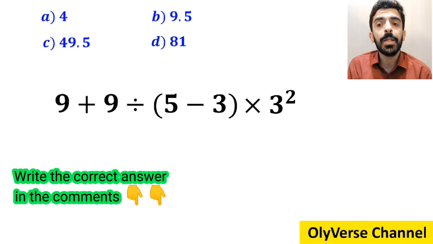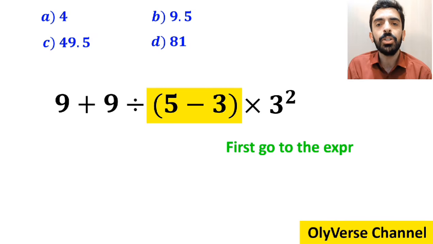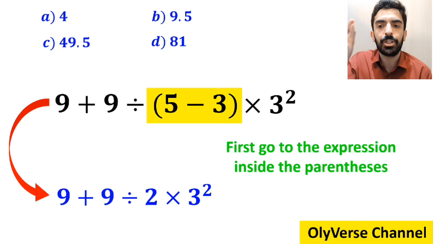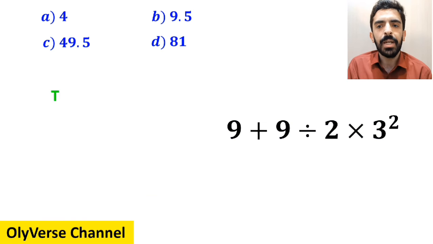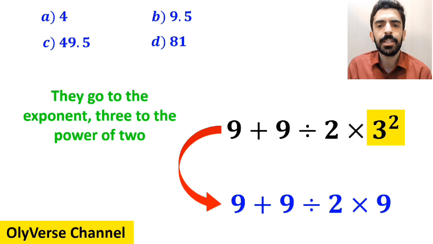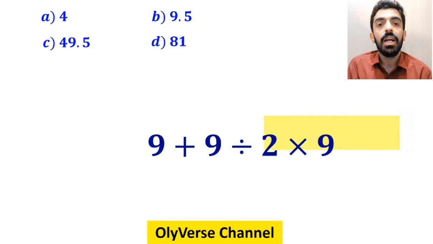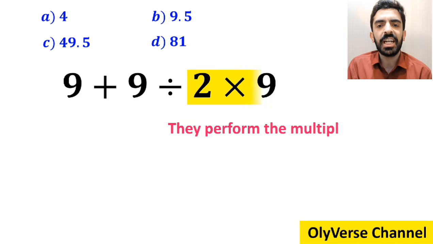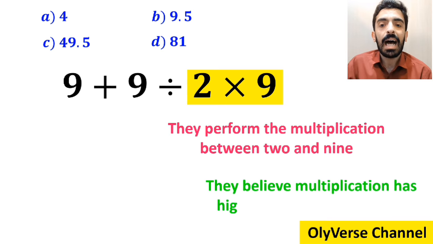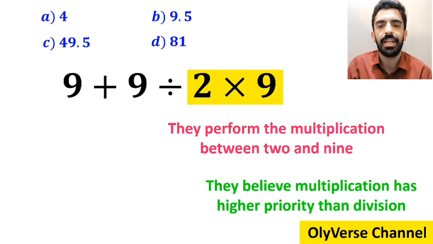Also, some other people, to solve this question, first go to the expression inside the parentheses, and instead of this expression, they write 9 + 9 ÷ 2 × 3^2. In the next step, they go to the exponent 3^2 and simplify it to 9 + 9 ÷ 2 × 9. Then, they perform the multiplication between 2 and 9 because they believe multiplication has higher priority than division.